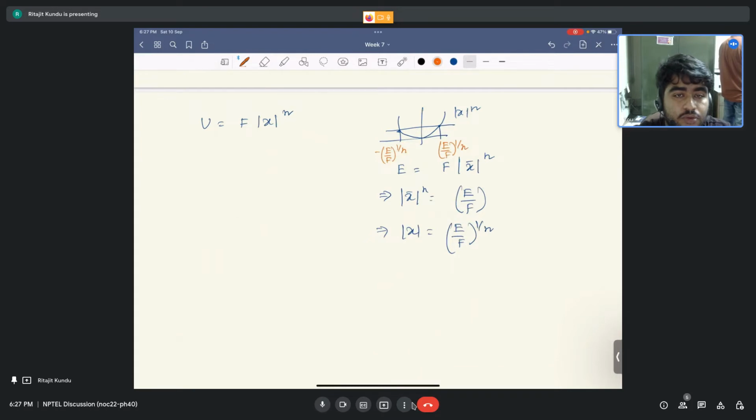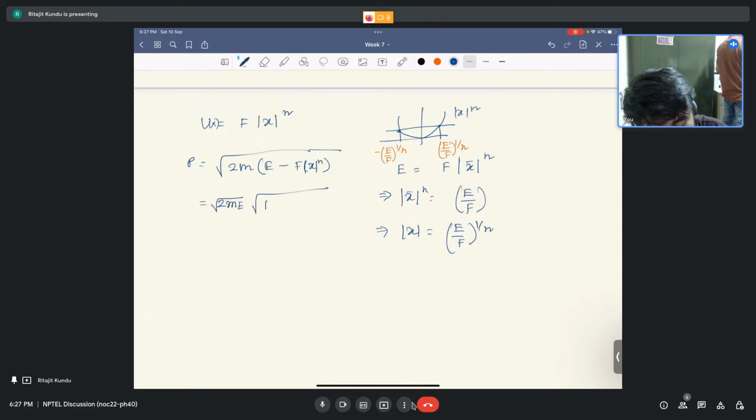And my momentum is given by square root of 2m times E minus U of x, which is just F mod x. Let me take this 2mE out, so it becomes 1 minus mod x to the power n by E by F.